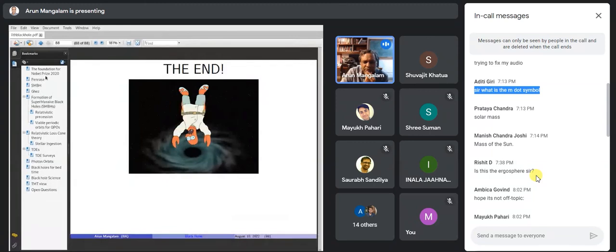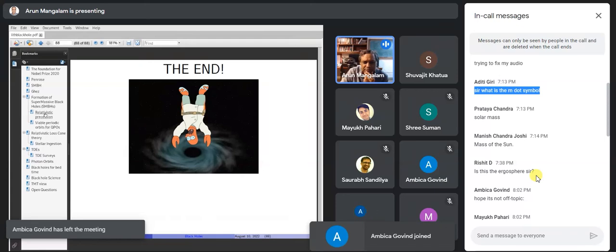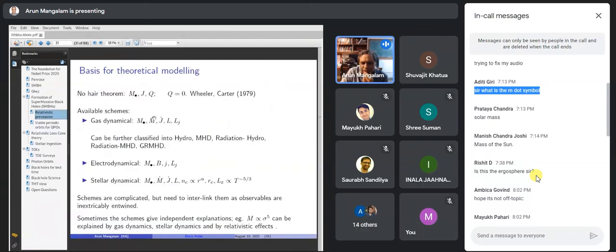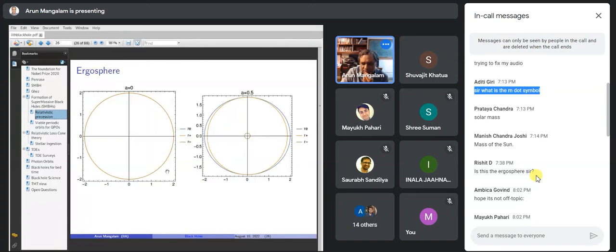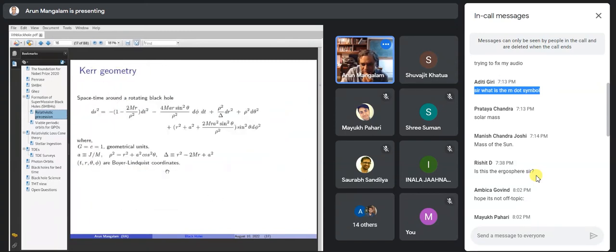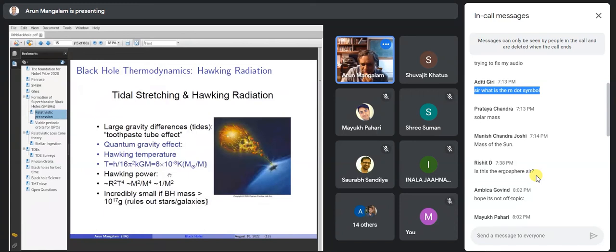Any one of them will have these symbols. Yeah, this is m dot, which has a dot on top of m. That is dm by dt, and yeah, you see this m circle dot. That is the mass of the sun.